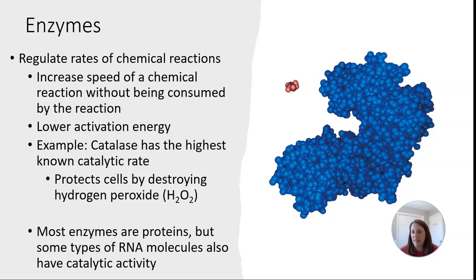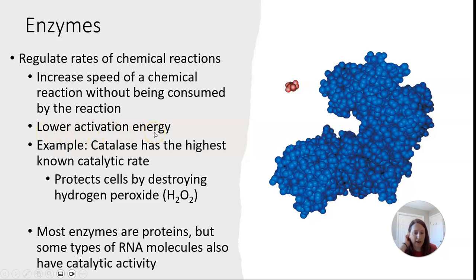Okay, so again, the job of an enzyme is to regulate a chemical reaction, and they do this by speeding up the rate at which the reaction proceeds, in a very specific way and without being changed or consumed in the process. And how do they do that? If we come over here to my second bullet point, by lowering the activation energy.